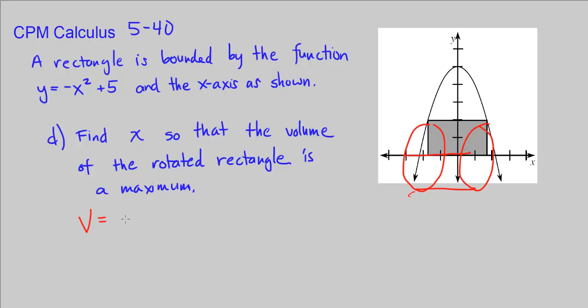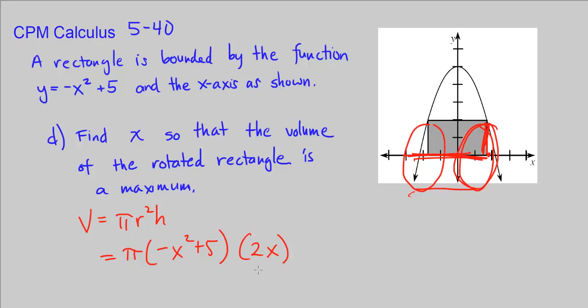So remember, the formula we had was pi r squared h, since it's a cylinder. This is equal to, well, the radius, remember, was the height of our rectangle, and the height is going to be the y value at x, which is negative x squared plus 5. H is the height here, which is still 2x, right?